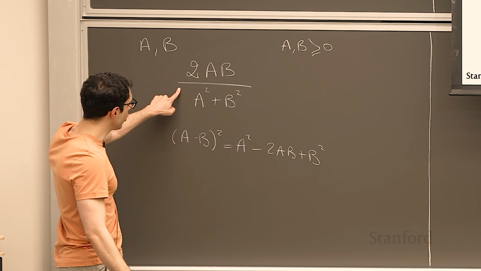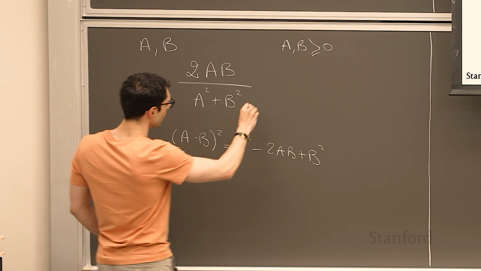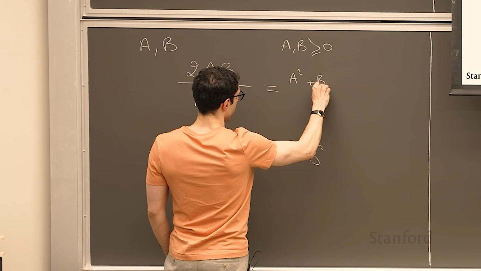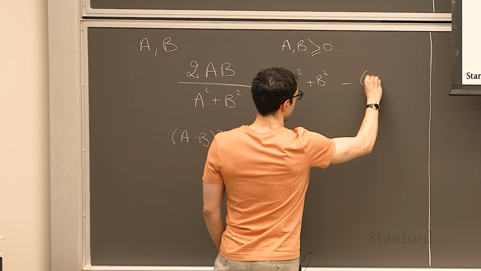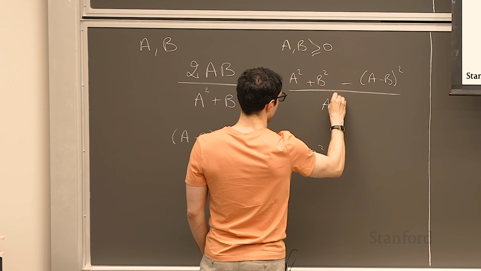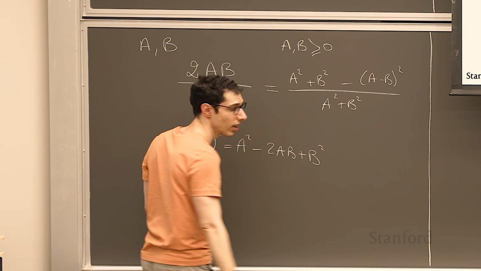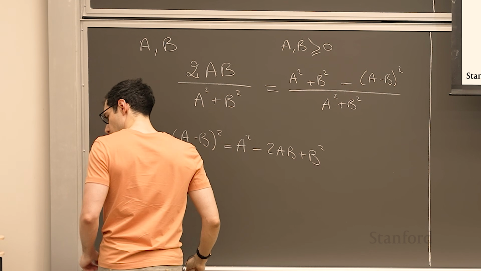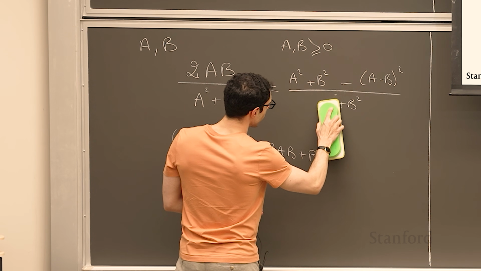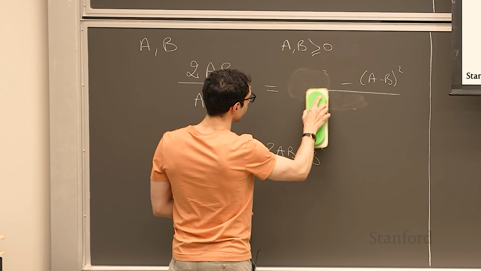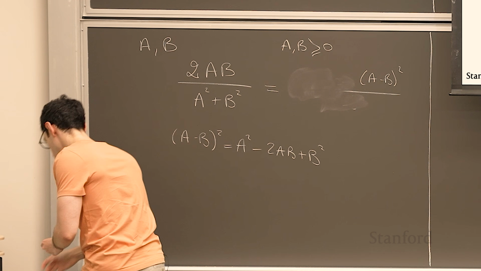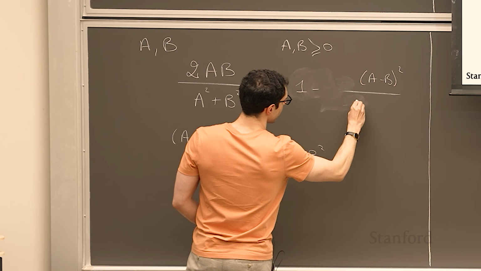Well, here you can rewrite this as a squared plus b squared minus (a minus b) squared over a squared plus b squared. So I'm going to replace in place. I need to say here, this is equal to 1 minus this quantity.